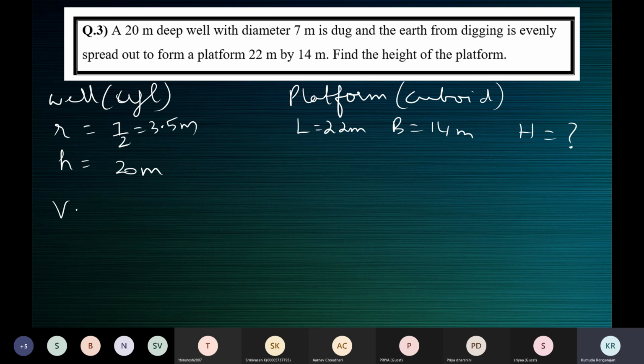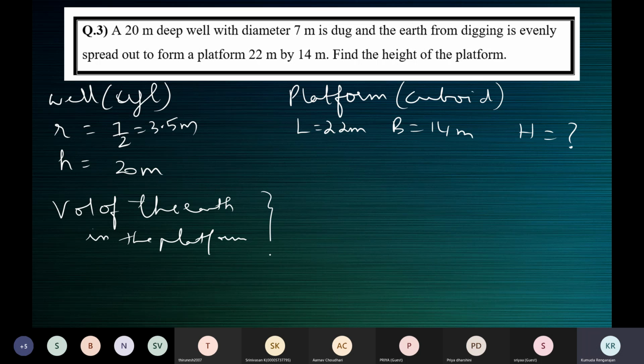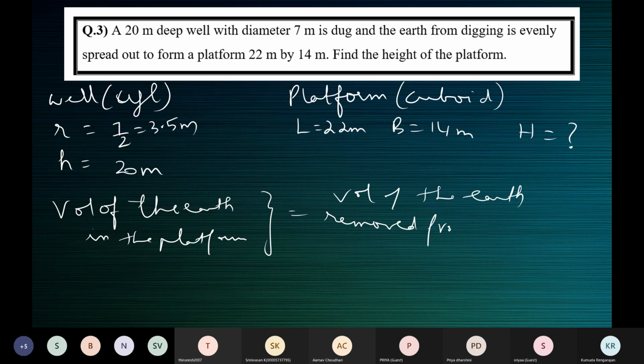So what is the equation in words? Volume of the earth in the platform is equal to the volume of the earth removed from the well.